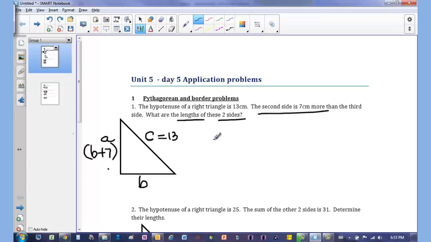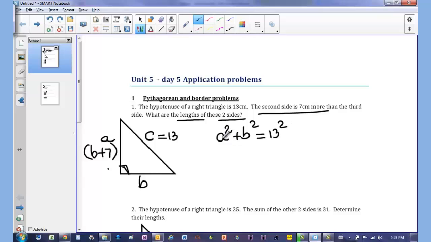Let's remember what the Pythagorean theorem establishes as a relationship between the two sides that form the 90-degree angle and the hypotenuse, which in this case is C, or 13. We know that A squared plus B squared equals 13 squared.